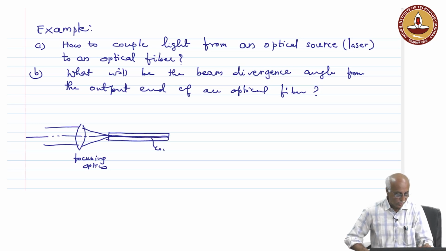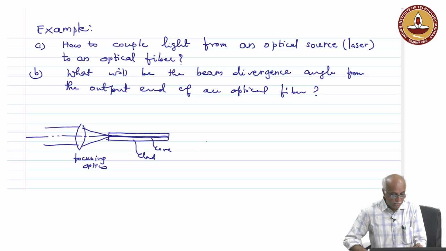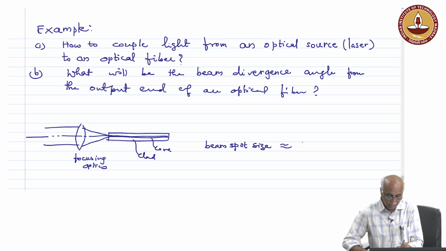So this is core, this is clad. The first thing is that the beam spot over here on the fiber, from the focusing optics point of view, should be comparable to the core diameter. So the beam spot size should be comparable to the core diameter of the fiber, or core radius of the fiber.